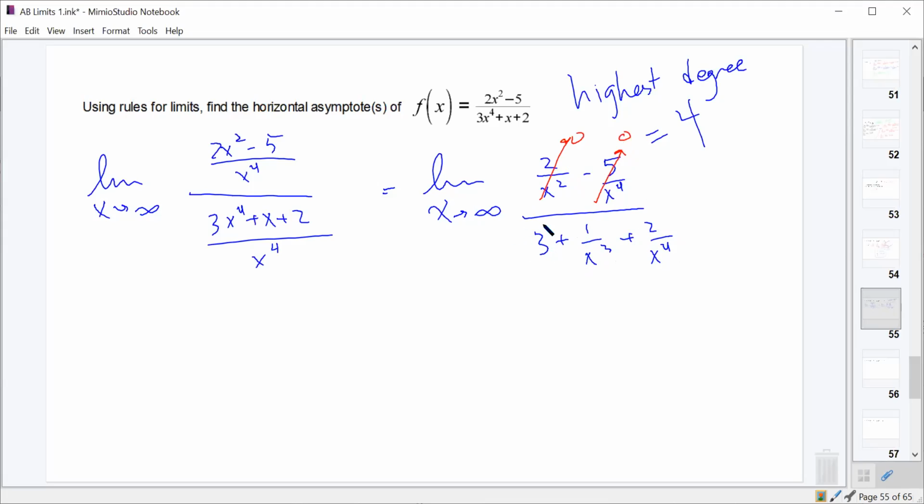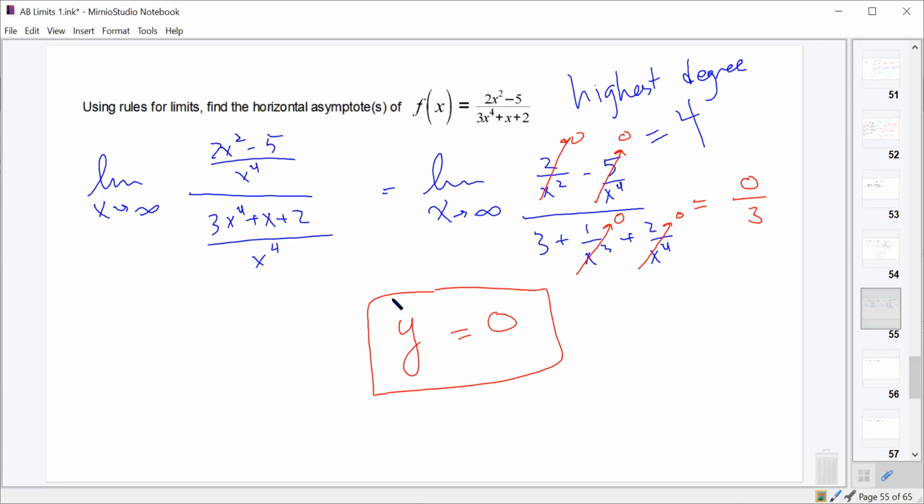No, it's not. What is 3 as x goes towards infinity? 3. Okay, and 1 over x cubed is 0, and 2 over x to the 4th is 0. So we end up with 0 over 3, which gives us 0, telling us that our horizontal asymptote is y equals 0.